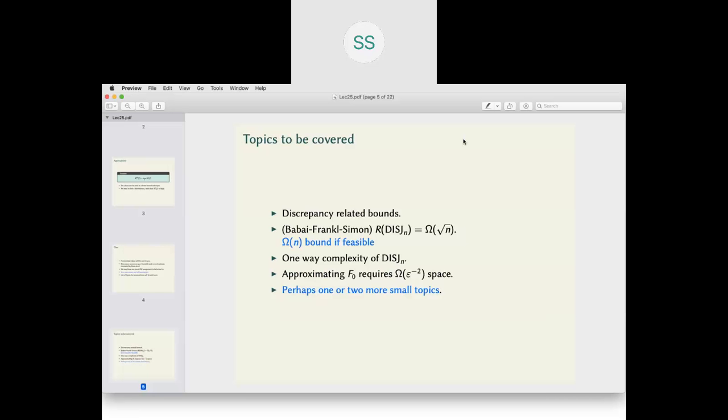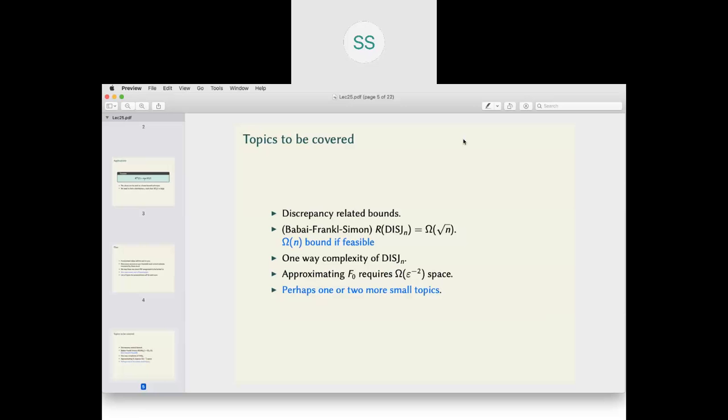Then we will see the one-way communication complexity of disjointness, where only one-way communication is allowed. We will also see some applications in streaming algorithms for the one-way complexity, right? One such application is the zeroth moment.